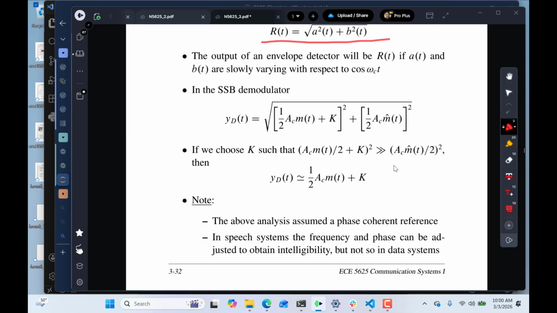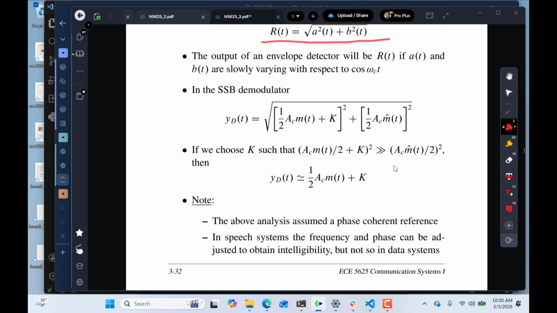And you look at that and you say, I don't know what to do with that, right? It just looks like we've got m of t, which we know that's our message, that's what we want to get at, but we have m hat of t inside of there, and we know that's the Hilbert transform of the message. So we have to get out something that looks like just the message.